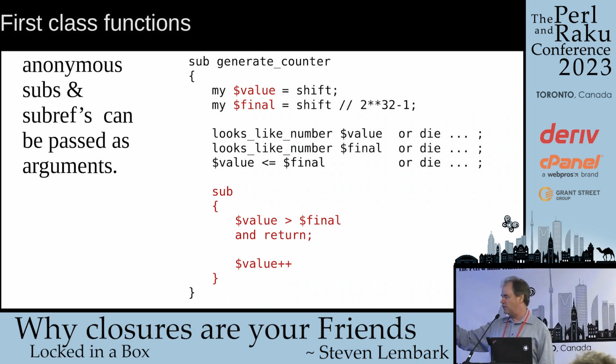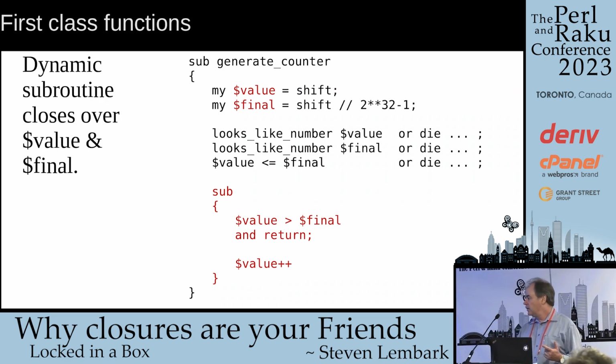The important thing is, if you call this, the caller gets back a subroutine that was created on the fly. So the trick here again, value and final are private to that subroutine. Every time you come into generate counter, you get new variables.